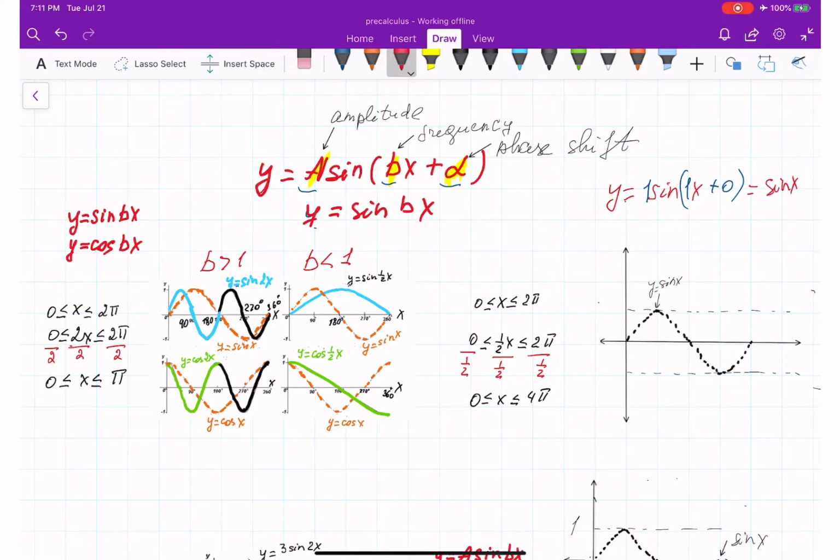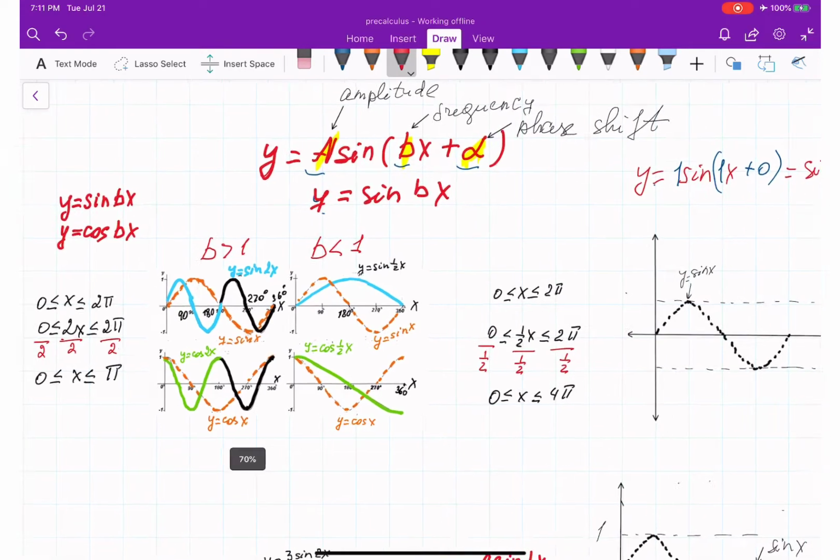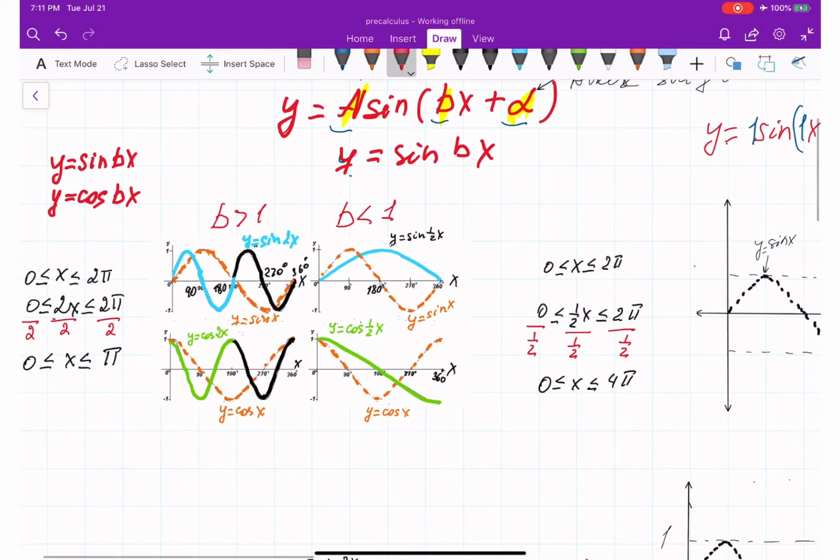Okay? All right. So moving to this picture, if you look at this orange color, this is sine x, and here it's written sine x.